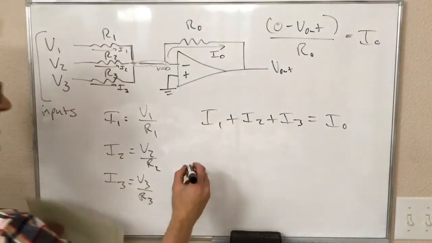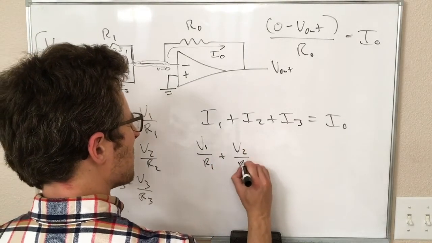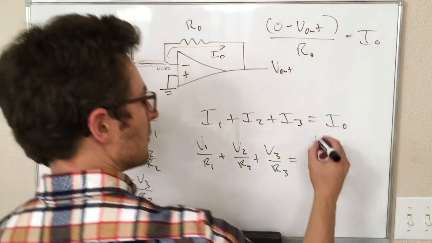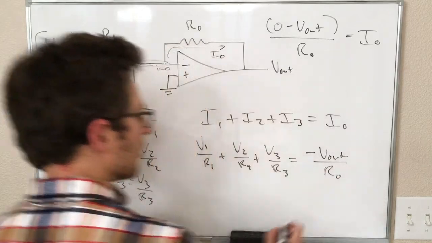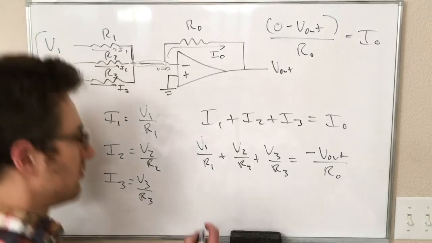So putting all these into the same equation, I get V1 over R1 plus V2 over R2 plus V3 over R3 is equal to minus V out over R0. And we can now solve for V out.